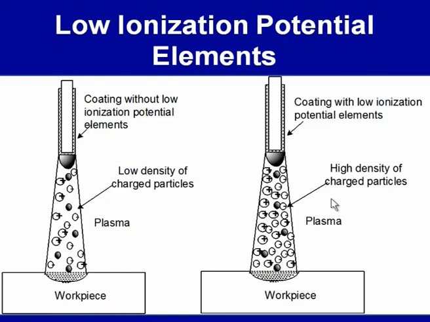So, this is how we can see that when the low ionization potential elements are used, these facilitate the presence of a large number of charged particles in the arc gap, and thereby they ensure the easy flow of the current for maintenance of the arc.